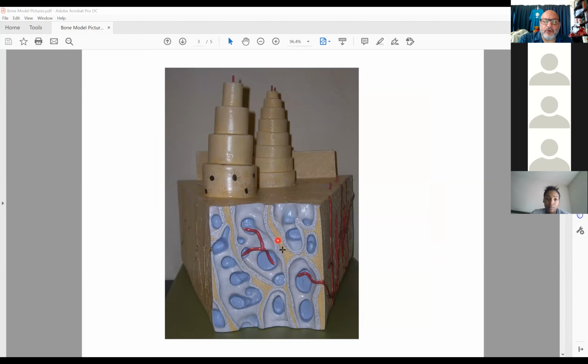But they've removed it in some of the places so we can actually see the spongy bone in between. So here we have the spongy bone, those irregular trabeculae. This one's short, this one's curled, this one's long and winding, this one's narrow, this one's thicker. Again, there's not just one form to a trabecula. There are all of these irregular points and processes, and we see that really nicely on this model.